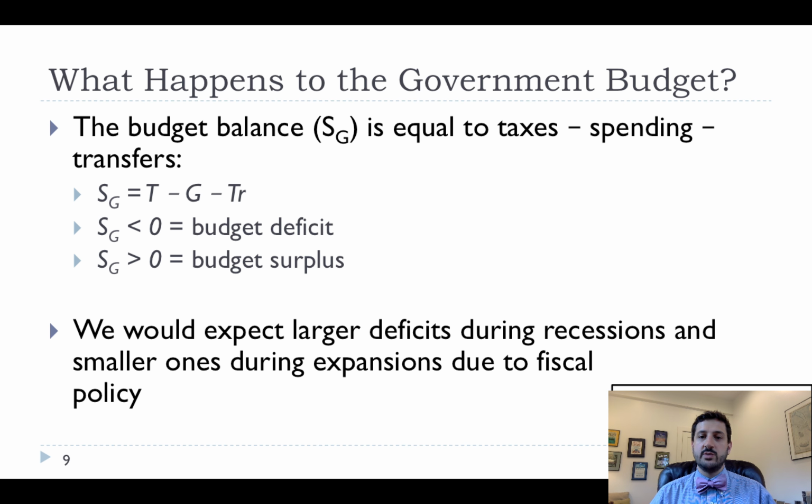And so we would expect larger deficits during recessions and smaller ones during expansions due to fiscal policy, and that is in fact what we saw. In fact, we saw the biggest budget deficit since World War II in 2009. It reached about 10% of GDP, which is quite large, and now it's back down to around 3% of GDP.